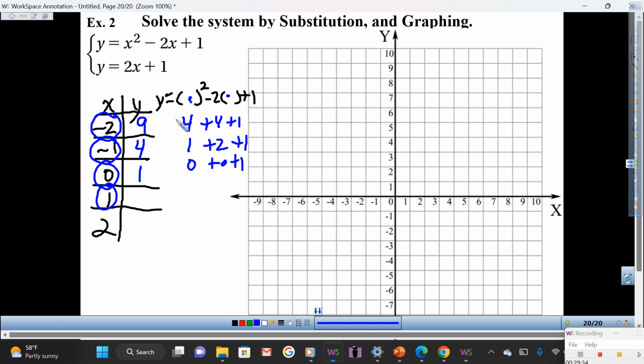Next one, 1. What is 1 squared? 1. What is 1 times negative 2? Negative 2. Bring down the plus 1. 1 plus 1 is 2 minus 2, that's 0. Next, 2. What is 2 squared? What is 2 times negative 2? Bring down the 1. So the 4's cancel and we're left with 1.